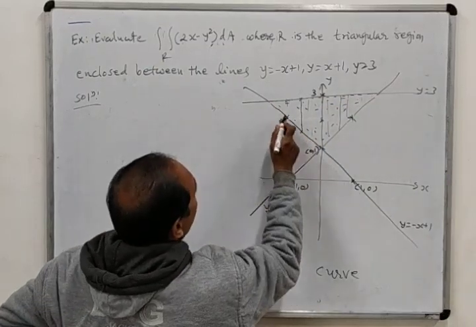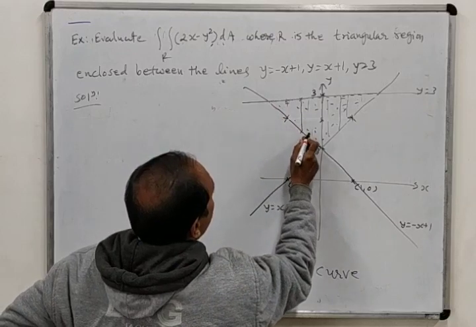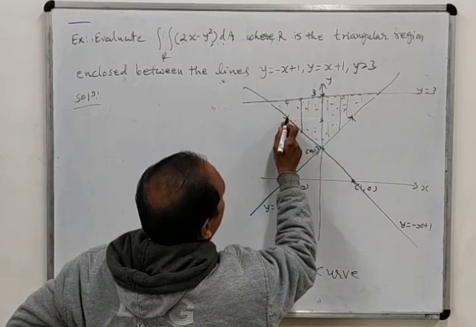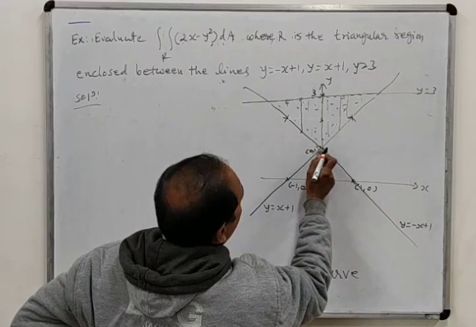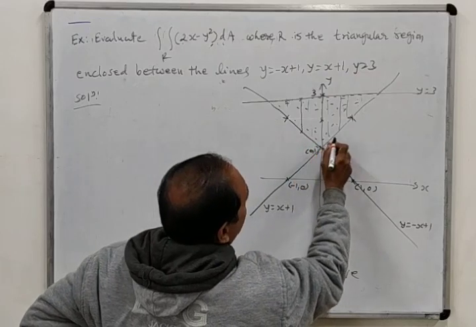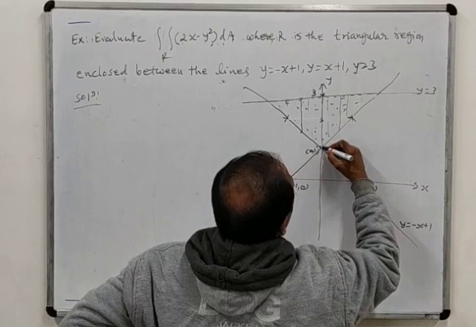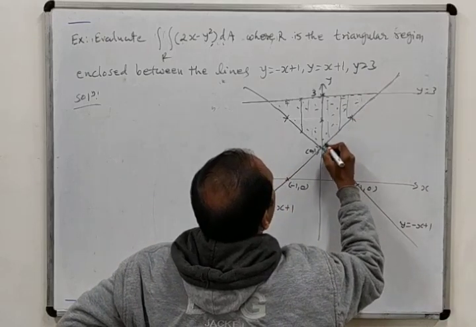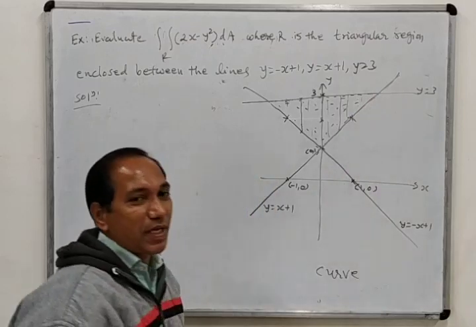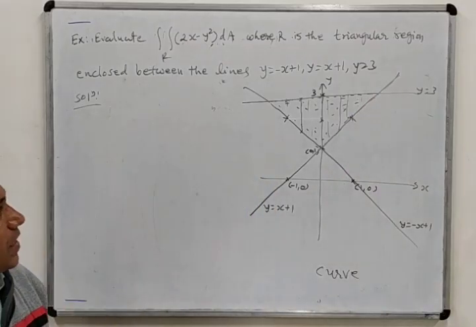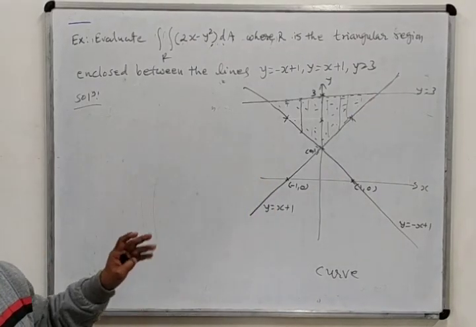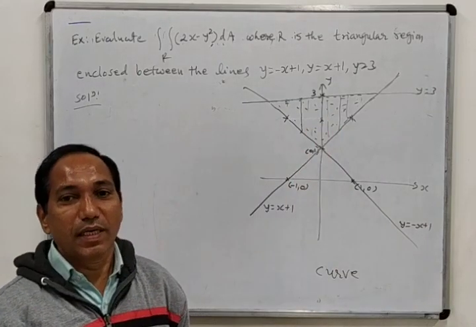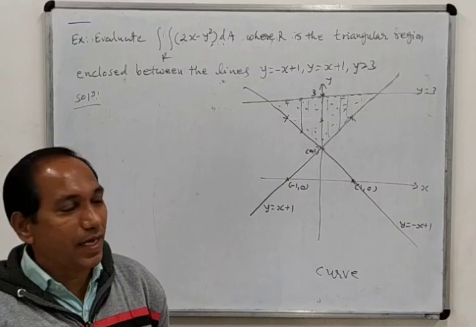But the lower end point, if you start from this, is on the same curve up to this one. But after then, the curve is changing. The lower end point is changing the type of the curve. So we cannot continue this in a single way if we take a straight line parallel to y-axis.